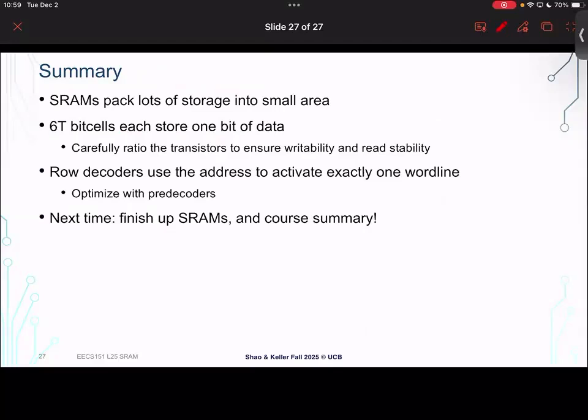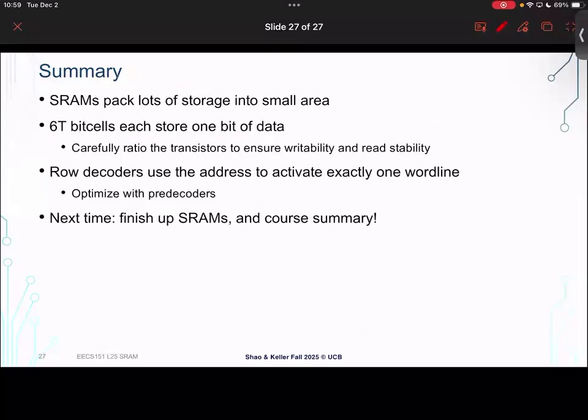Today we talked about SRAMs. The whole point of SRAMs is to cram a lot of storage into a small area. We do that by specializing these very special bit cells into an array, a massive array. Each bit cell stores 1 bit. We have to design the bit cells very carefully because we're doing some pretty unusual things to read and write them compared to normal CMOS logic.